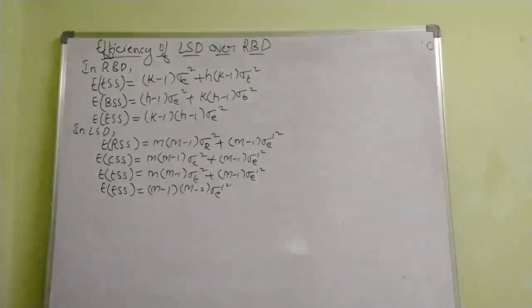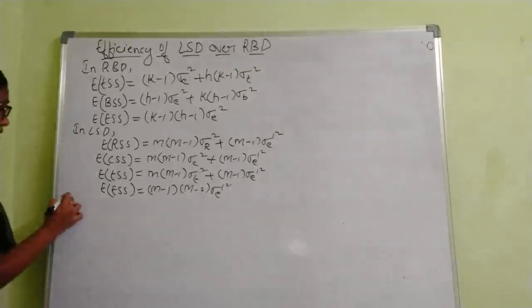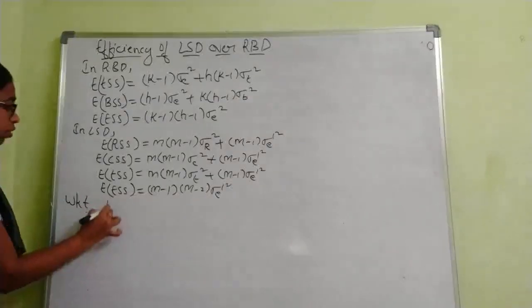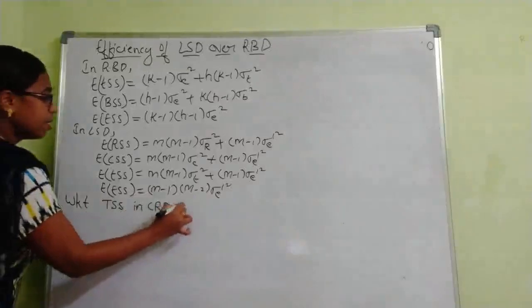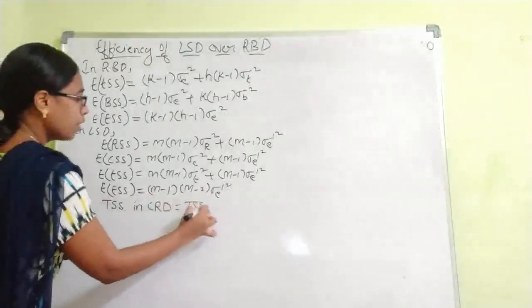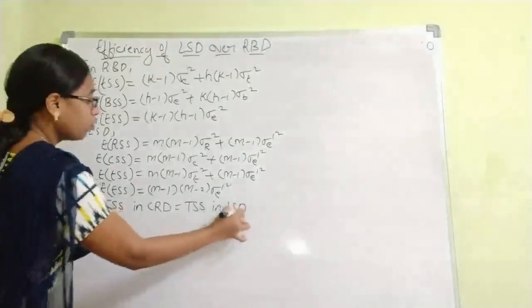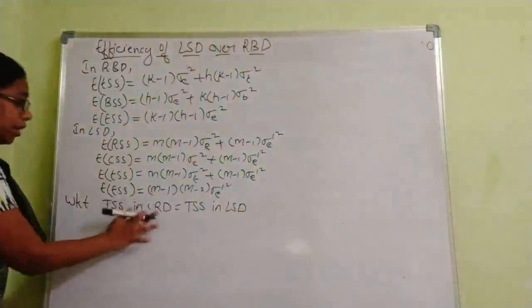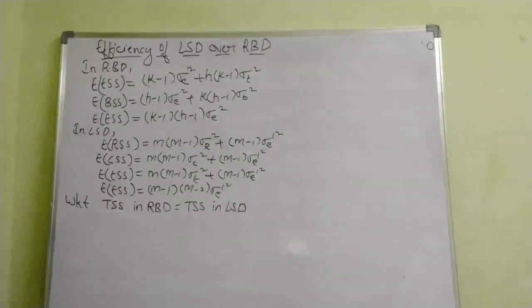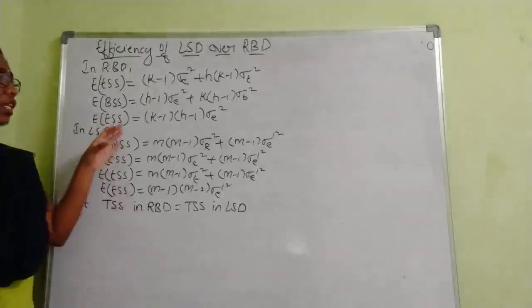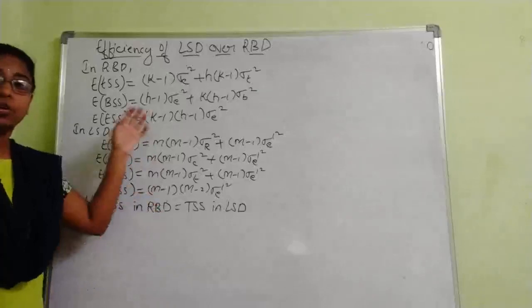Now what is the first step we are going to consider? We know that the total sum of squares in RBD is equal to the total sum of squares in LSD, since the same experiment on the same experimental material is performed with two different layouts.